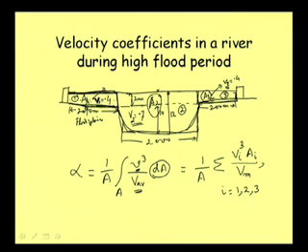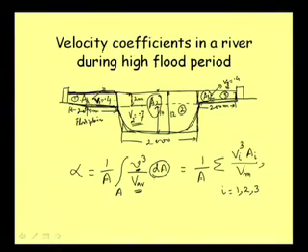If area is A1 and velocity is V1, then the discharge flowing through this section is A1 into V1. Similarly, discharge flowing through section 2 will be A2 into V2, and through section 3 will be A3 and V3.